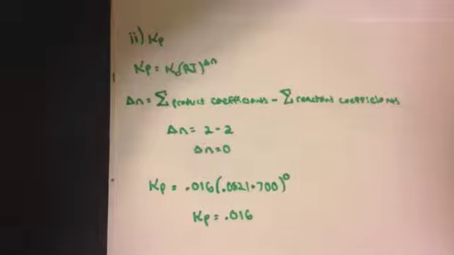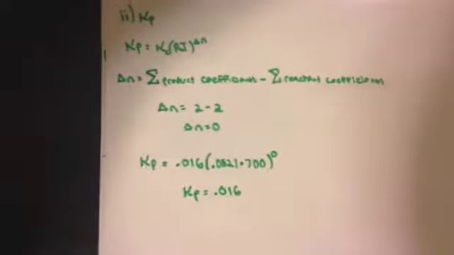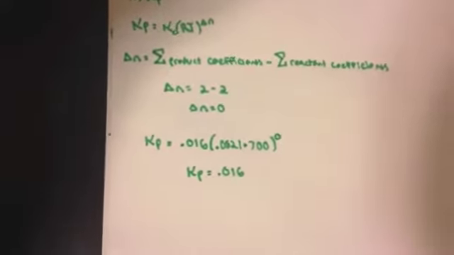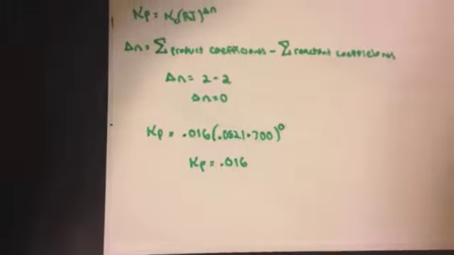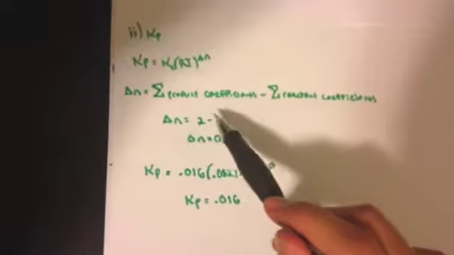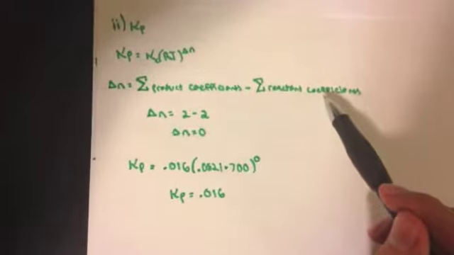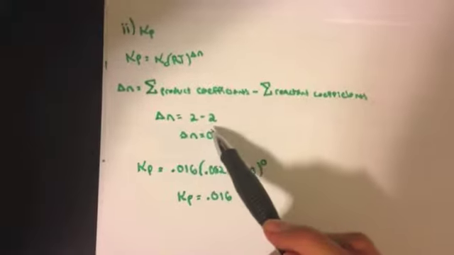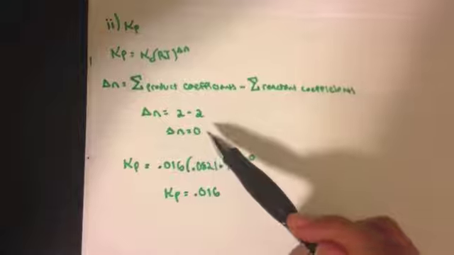For Kp, we have to use the equation Kp is equal to Kc times RT to the power of delta n. So delta n is equal to the product coefficients minus the reactant coefficients. So delta n is equal to 2 minus 2, so delta n is equal to 0.